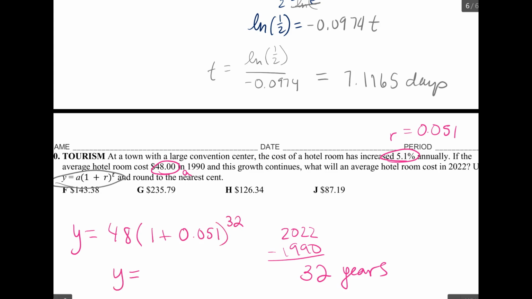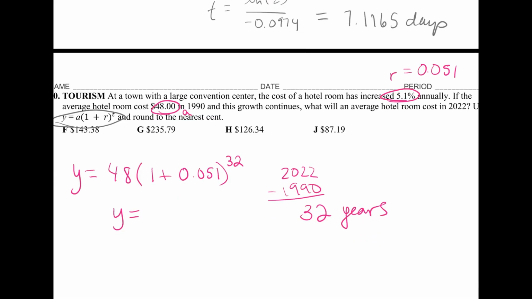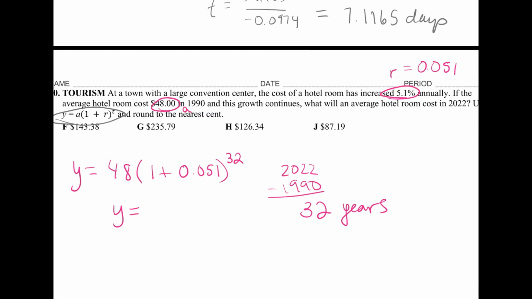The hardest part of all these problems is setting it up. Exactly. Setting it up, knowing what to do first. Now you've had enough problems that you can get the gist of what you should do.